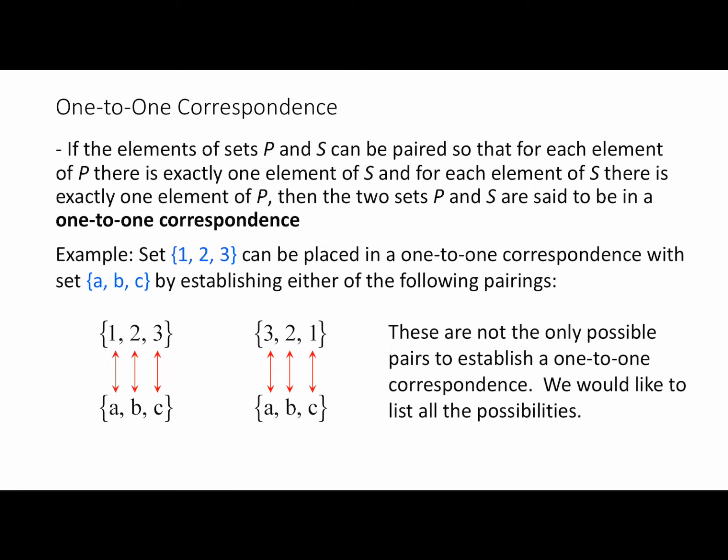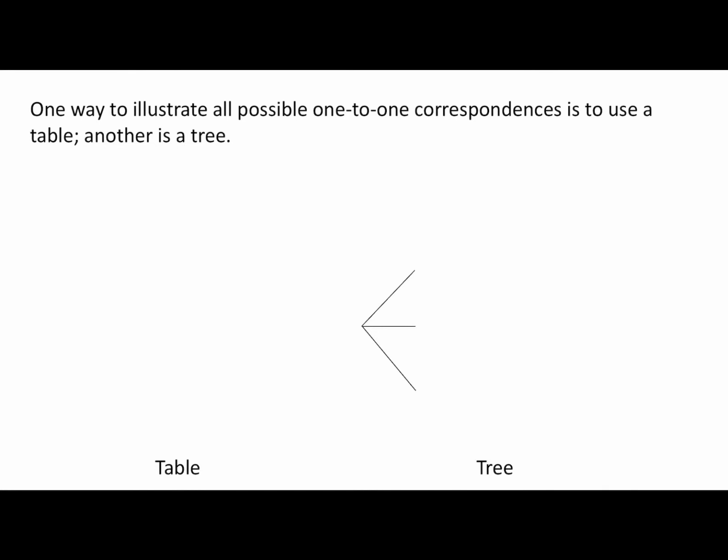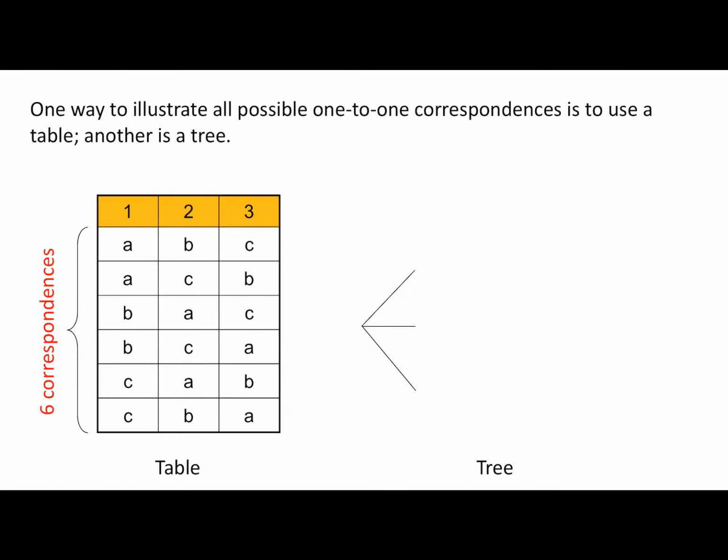So I want to list out all the possible ways of doing that. And so one way to help me organize my thoughts here is to use something called a tree. Another way is to use a table. So we'll look at both here. So if I use the table, across the top here, I have the elements of my first set, 1, 2, and 3.